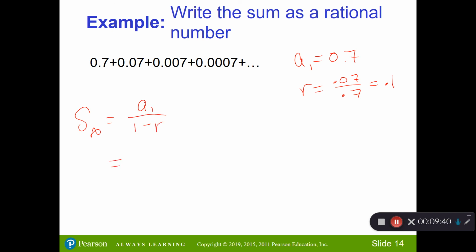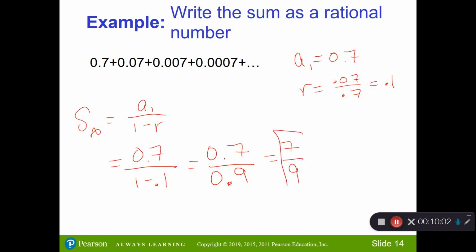So this would be A1, 0.7, divided by 1 minus 0.1. So this would be 0.7 divided by 0.9. So we can move the decimal over one place in the numerator and denominator and get the fraction 7/9. So this sums to 7/9.